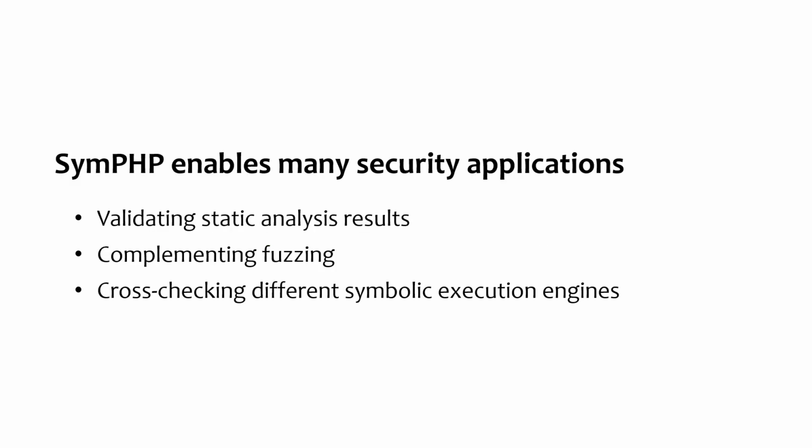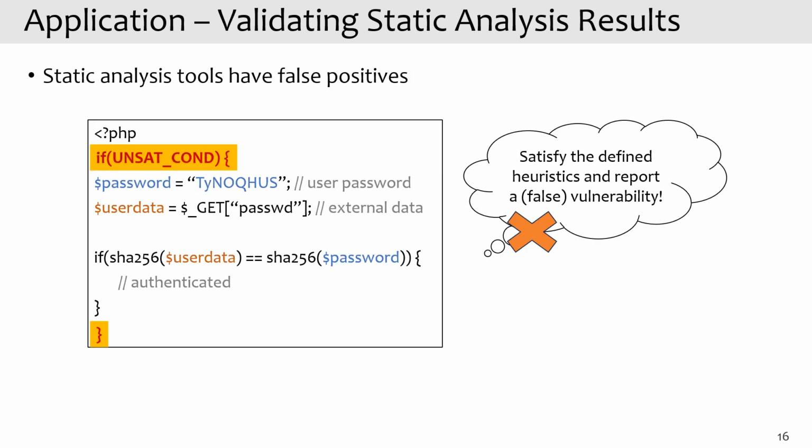We further show several important security applications of SymPHP. In particular, how SymPHP can help validate static analysis results, how it can complement fuzz testing, and how it can be used to check the correctness of other symbolic execution engines. First, we all know static analysis can have false positives, because it identifies vulnerabilities by code patterns or heuristics.